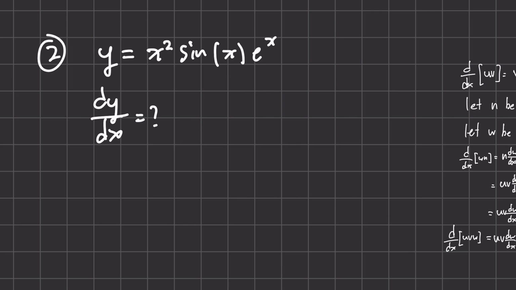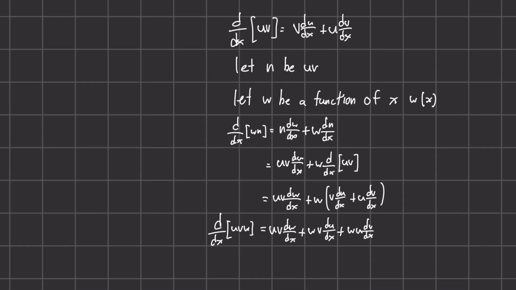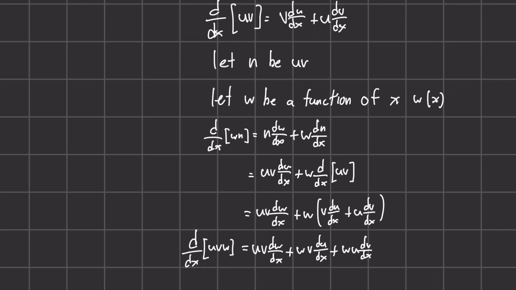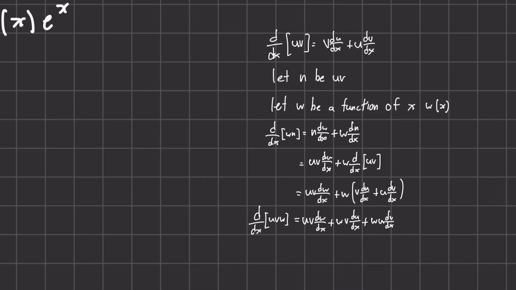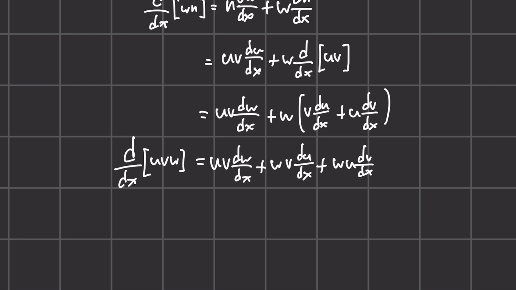So now you can just generalize this. I've never seen this before, but anyone can probably derive this if you already know the product rule. So this is basically how I would go about this. I just use the product rule as if there are three functions. So now we have the derivative of three functions being multiplied together.